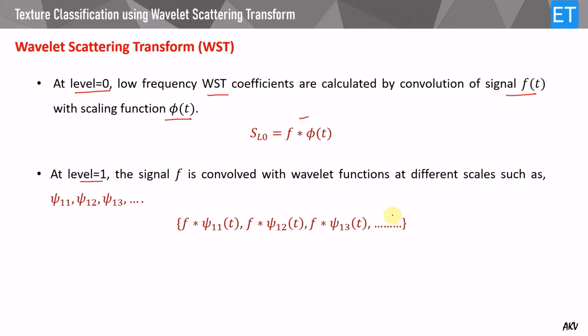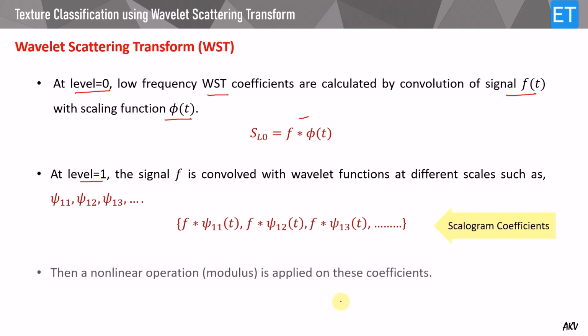This is what you do in finding the wavelet transform coefficients in the continuous wavelet transform, CWT. That's why they are known as the scalogram coefficients. Then a nonlinear operation, the modulus, is applied on these coefficients as shown here. You can see the mod operation.